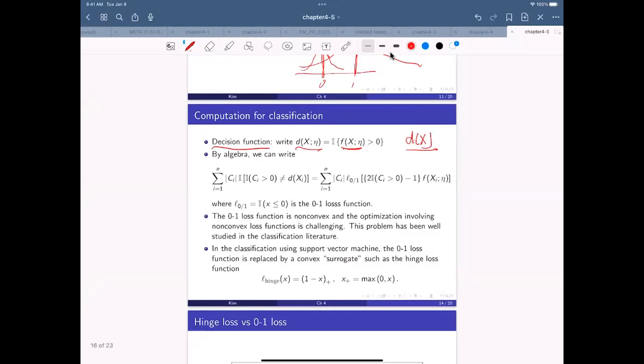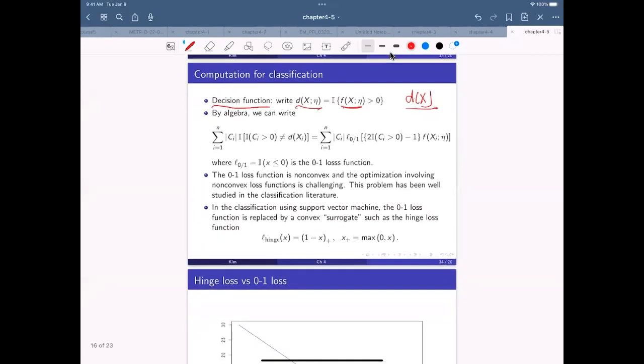see this one. Basically, this is the true label, and this is the classifier. Our loss function gives an indicator value 1 only if they are different. Another way of writing this is to change your label to plus or minus 1, and then multiply by the classifier decision function.